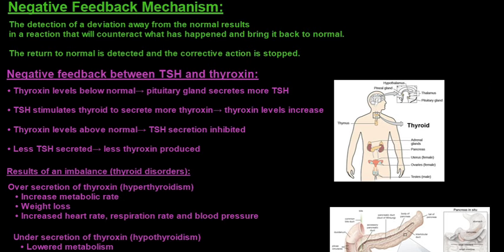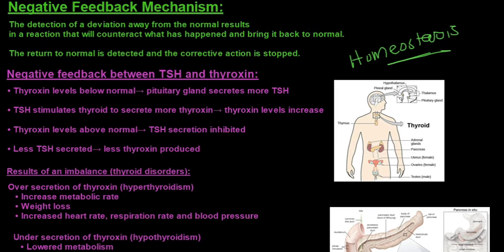So this also works hand in hand with homeostasis, which is a constant internal environment that you would want to be kept. So the negative feedback mechanism walks hand in hand with homeostasis. It helps maintain homeostasis. So we have to look at two negative feedback mechanisms.